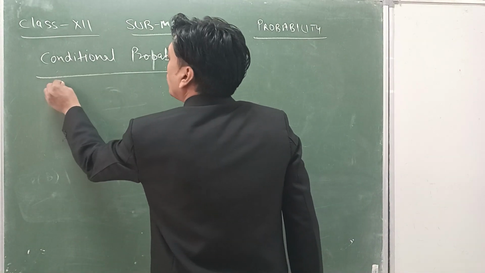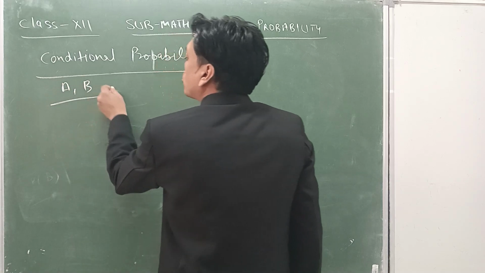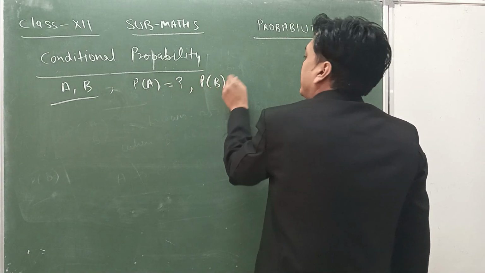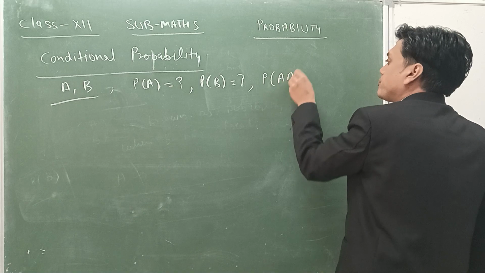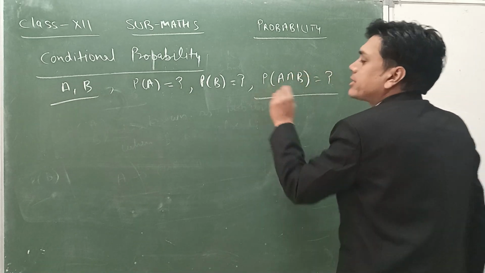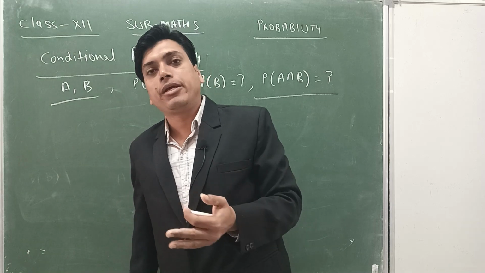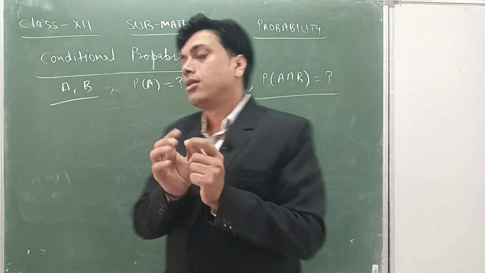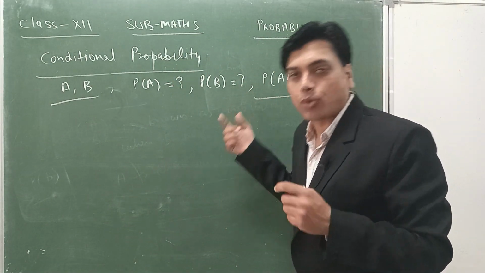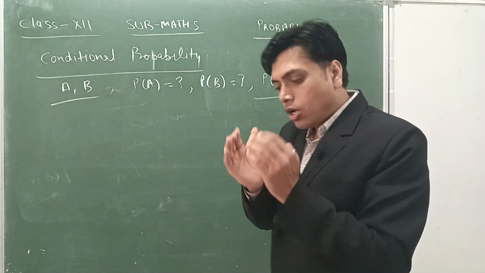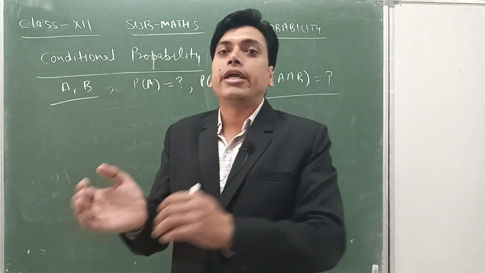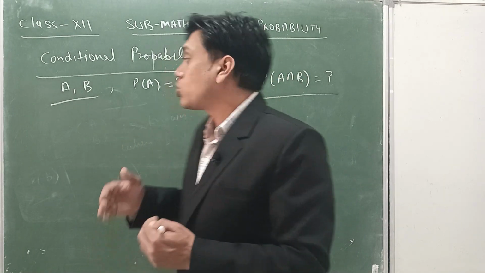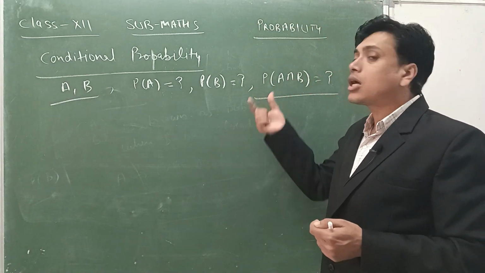So we have two events A and B. First of all we have to find out the probability of A, probability of B, and then we will have the probability of A intersection B, which is known as A and B. In the last video I also told about this: it is the intersection of A and B, meaning the possible outcomes which are common in both the favorable cases of A as well as the favorable cases of B. So now we have to find out the common.